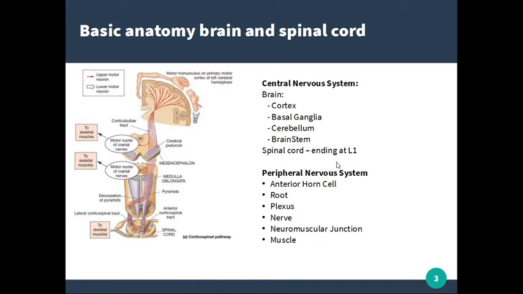The peripheral nervous system, on the other hand, consists of the pathway from the anterior horn cell down to the muscle. It consists of the anterior horn cell, the root, the plexus, the nerve, the neuromuscular junction, and the muscle. These are all important towards pathology, and in the coming slides, we're going to see why.